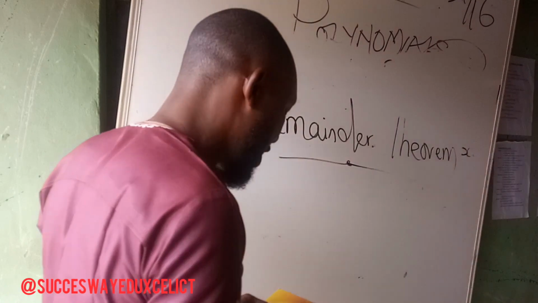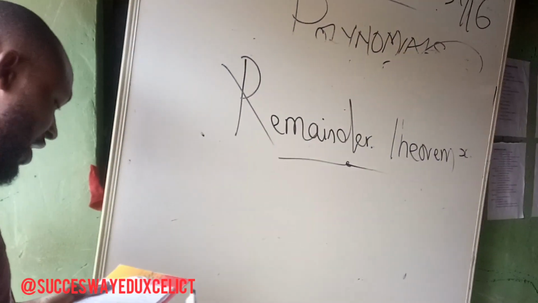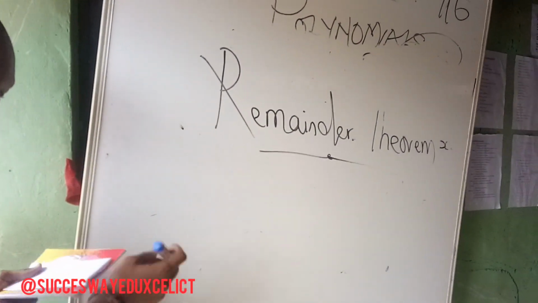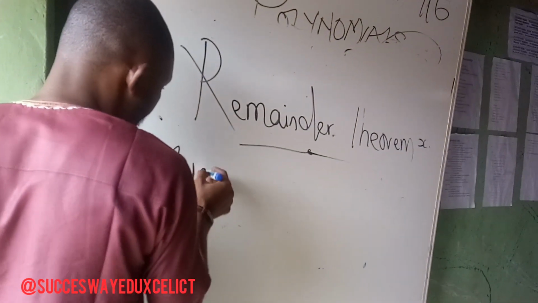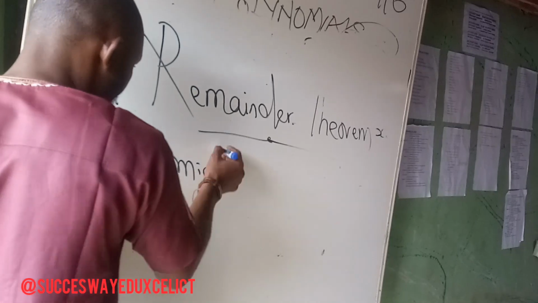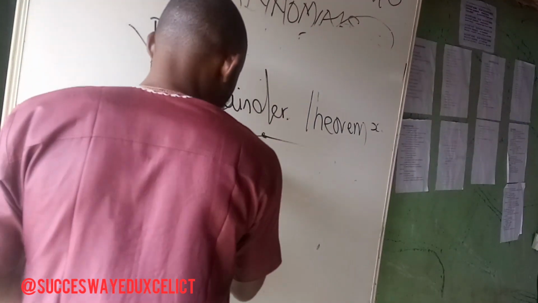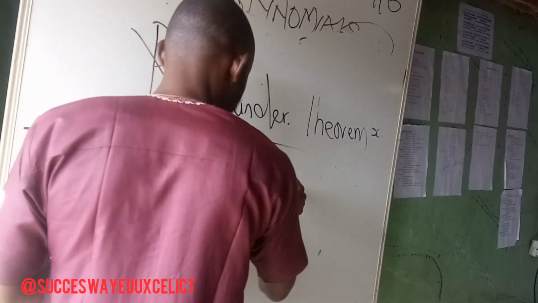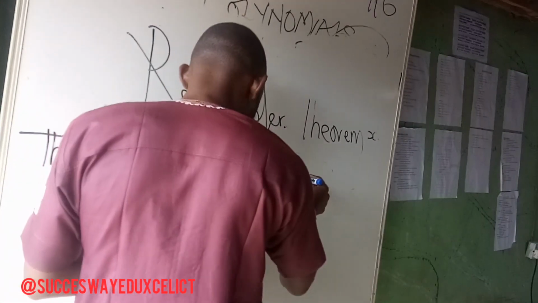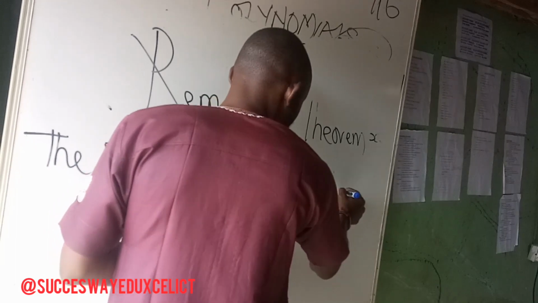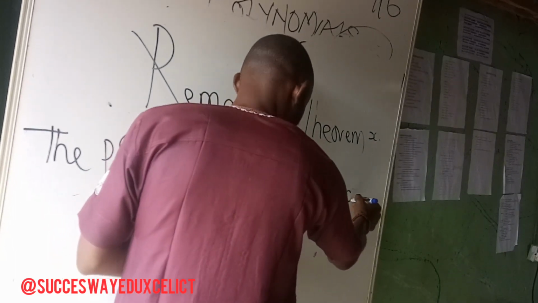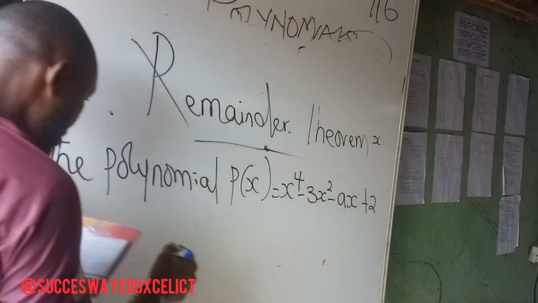Let's look at this question as well. Last year question. The polynomial P of x is equals to x raised to the power of 4 minus 3x squared minus ax plus 2.